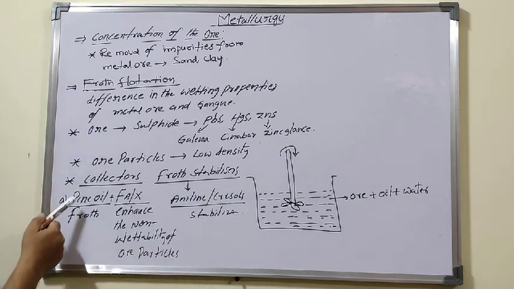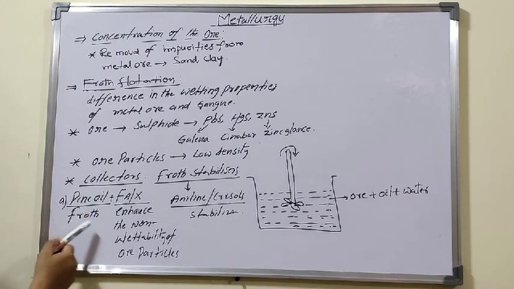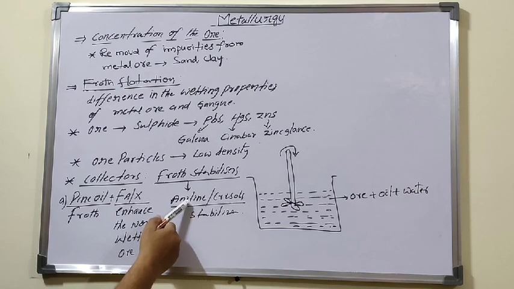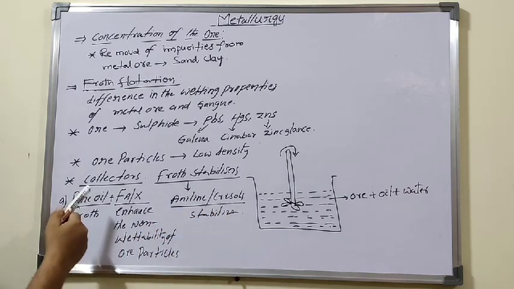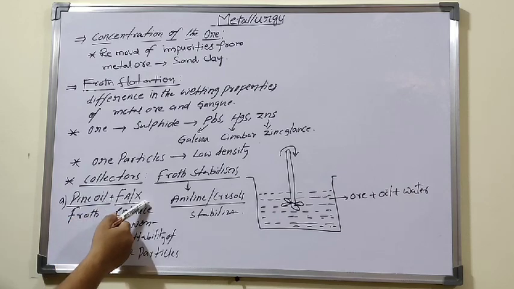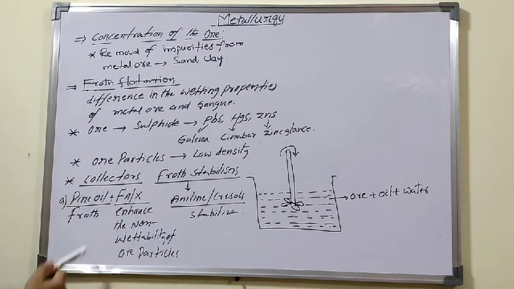See, pine oil or any other oil will make the froth. Froth stabilizers like aniline, cresols stabilize the froth. Then fatty acids or xanthates as collectors can enhance the non-wettability of the ore particles.